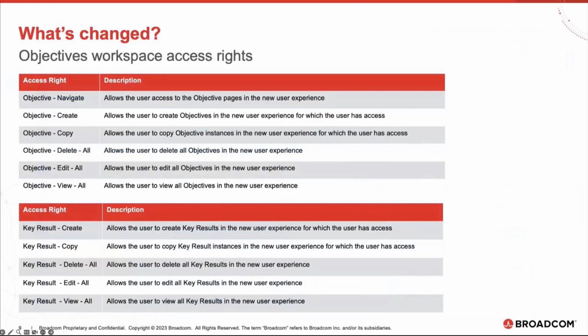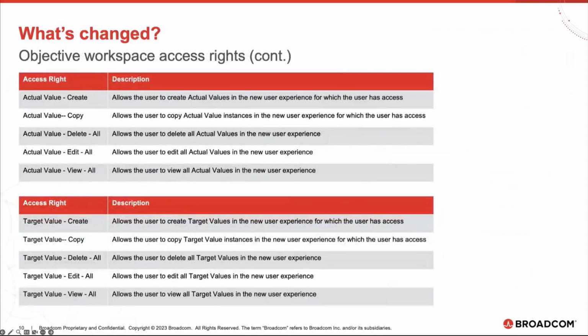The slide includes the objective and key result access rights. So this information is captured here for your review. The access right descriptions include a reference to the new user experience in the description there to differentiate them from those access rights provided in the context of that custom object-based OKR cookbook approach.